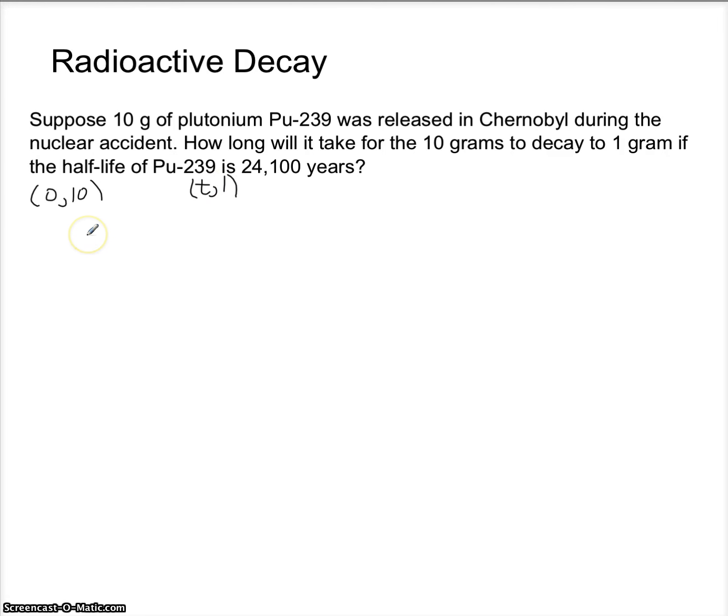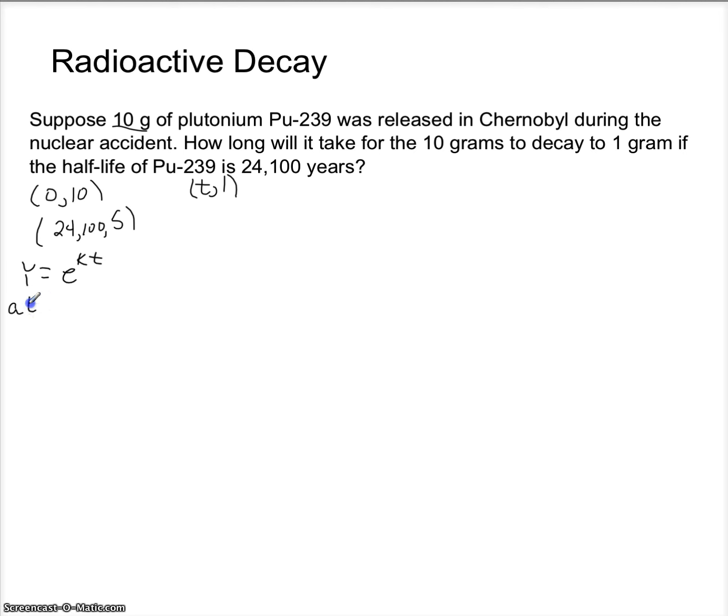If the half-life of plutonium is 24,100 years. Okay, so the half-life is 24,100 years. And how much will be left? If I start with 10, what's half of 10? Well, 5. So now I can go back to my formula, y equals c e to the kt.